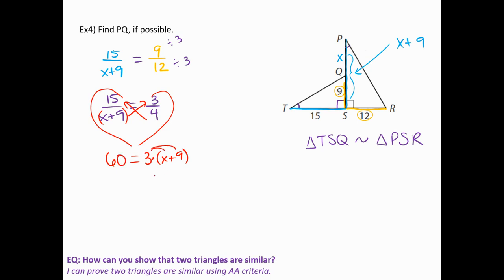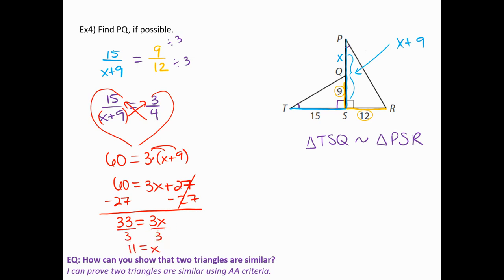Then distribute. I get 3x plus 27. I'm going to subtract that 27 from both sides. And it looks like I get 33 equals 3x. This cancels to 0. And then divide both sides by 3, and I get x equals 11.